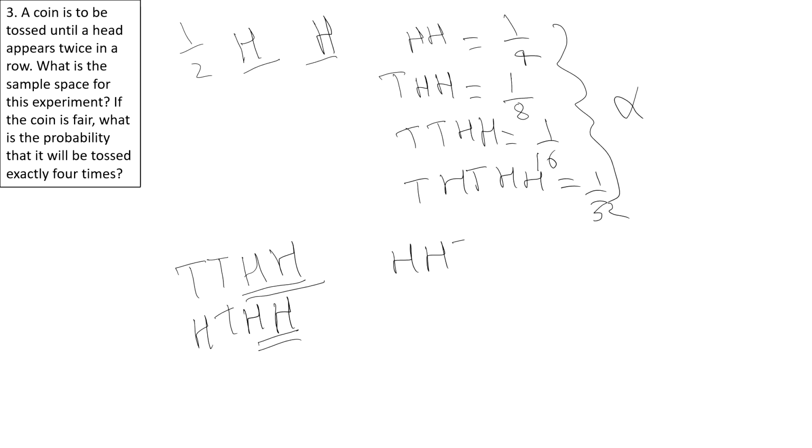Head, head, tail, head. Obviously no, this is not satisfying what we want. Other than that, what can we try? Triple H and then H. Obviously not, because if there are two H, then we will stop.